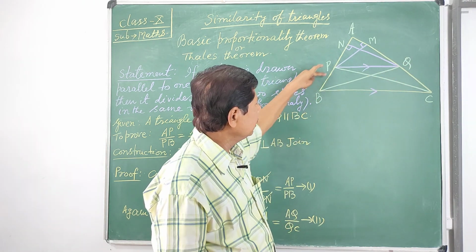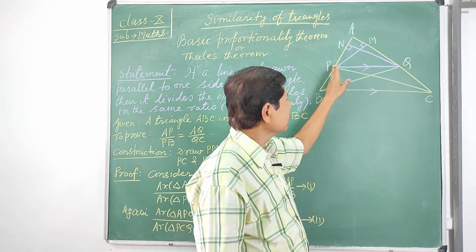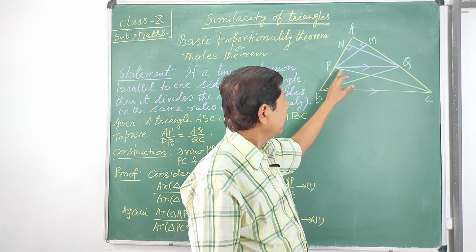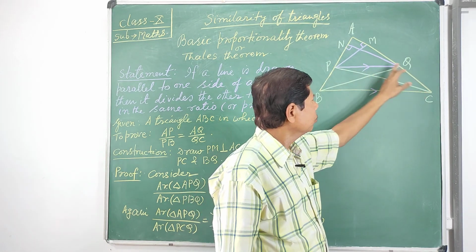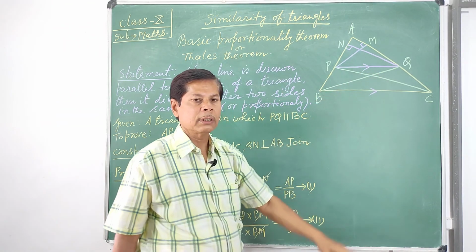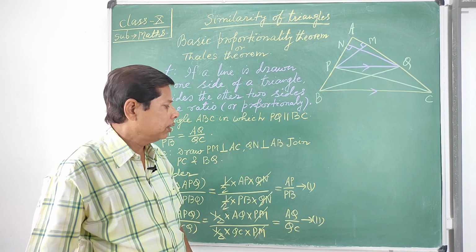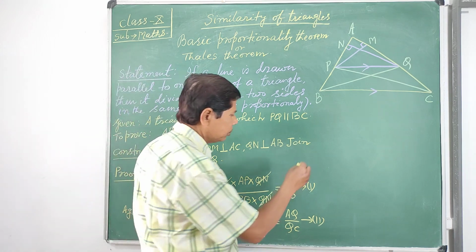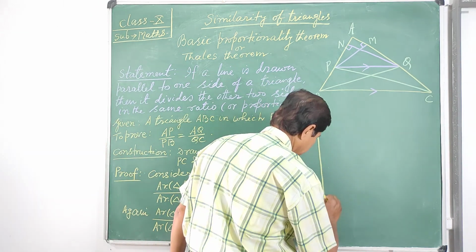If you consider PQ as the base in PBQ, then in PCQ also PQ is the base. So these two triangles are lying between the same parallels with the same base, therefore they are equal in area. We have to state that here.